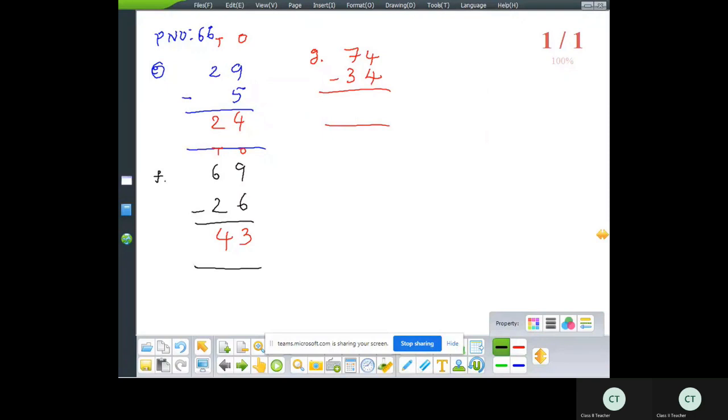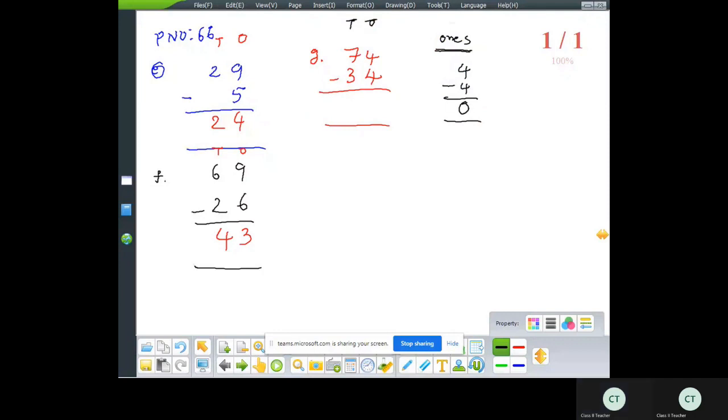First we write the place values 1, 10. Now subtracting on 1. The digits are 4 and 4 from the 1 place. 4 minus 4. The subtraction of same numbers or same digits, we get 0. 4 minus 4 equals 0.